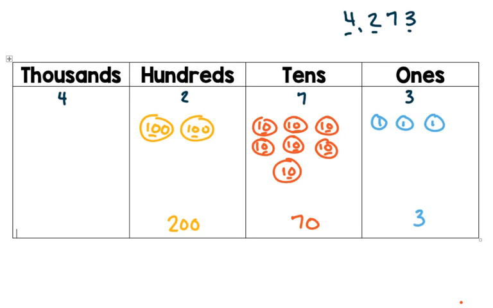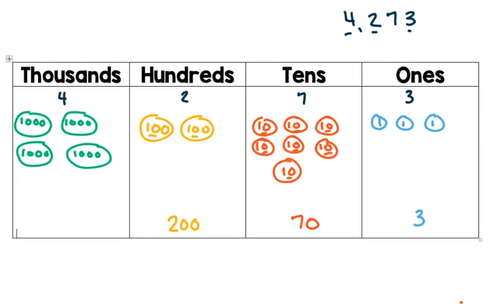So now I'm going to switch colors again. Now I'm going to count my thousands. I have 1,000, 2,000, 3,000, and 4,000. So the value of the 4 in that number is 4,000.